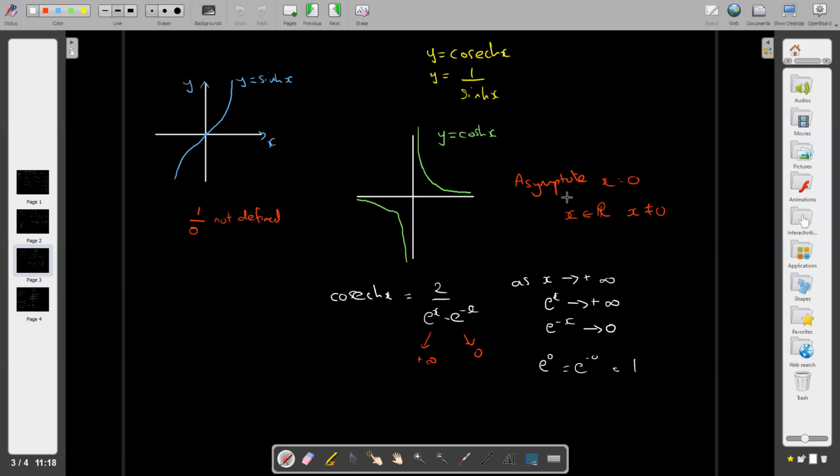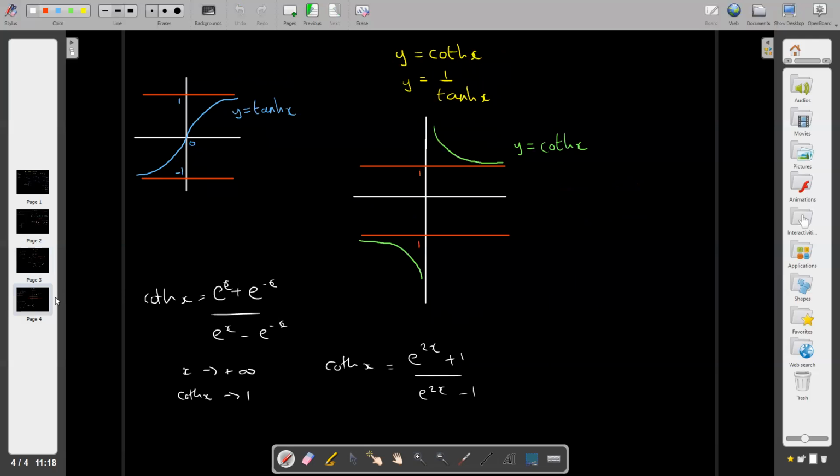It's got an asymptote at x equals 0. And finally, coth has an asymptote at x equals 0. And that also means that x can be a real number, but not 0. Okay? And the graph of it looks something like that. I'm going to do the inverses of these in a different lesson, not now.